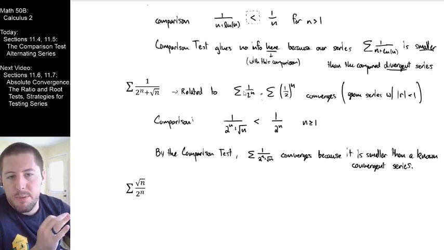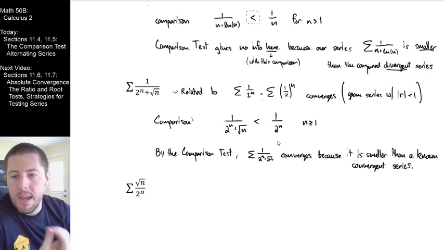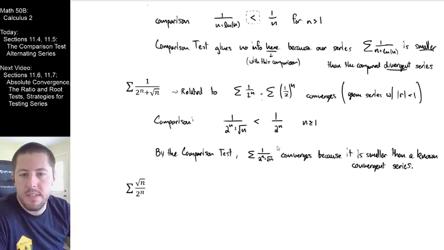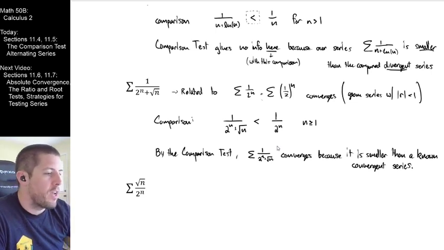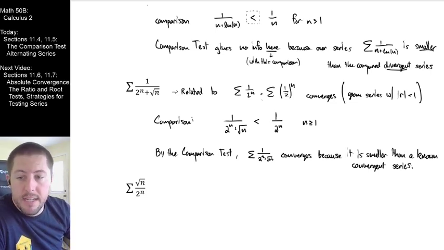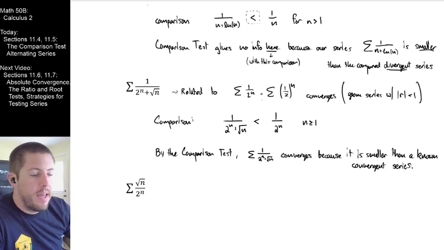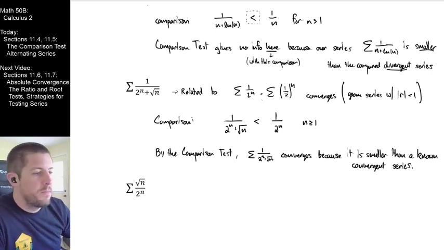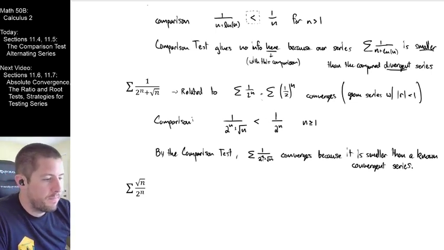It was that I was 100% certain that I knew about this function, and that I was able to make a comparison between each of the individual terms in each of the series, right? So it's always just identify a series that you for sure know about that is related to the one in question, and then hopefully the nature of the relationship between the two of them will allow a comparison test argument to be made here. So we converged here.